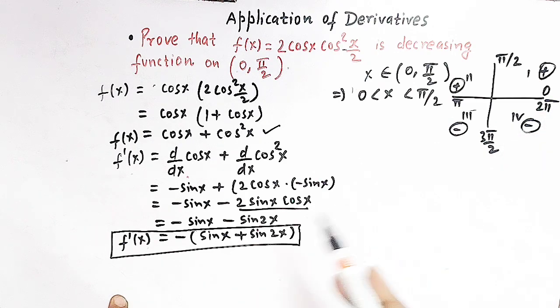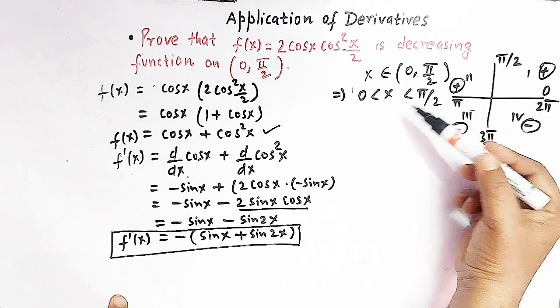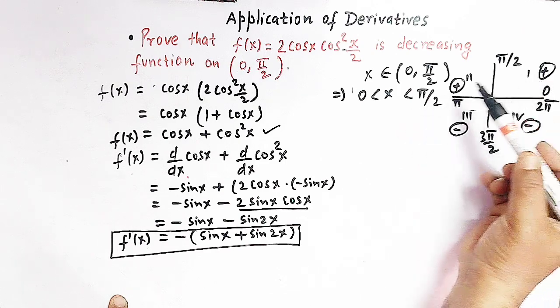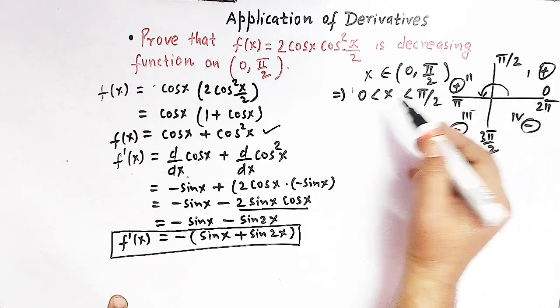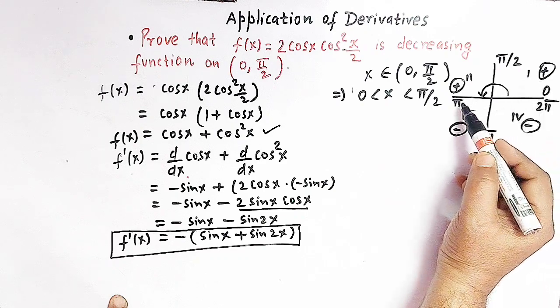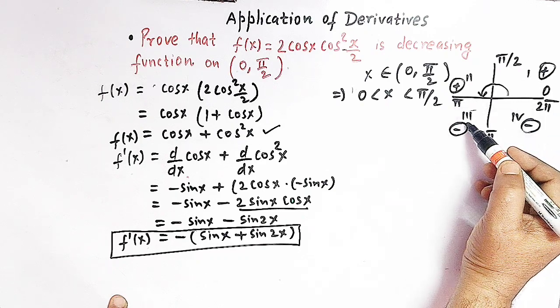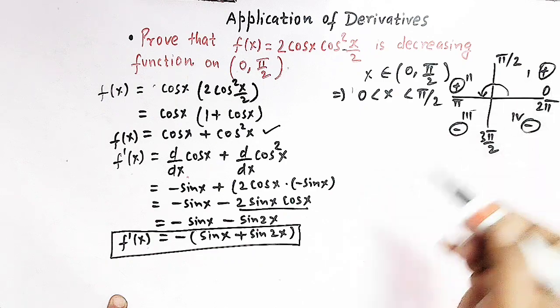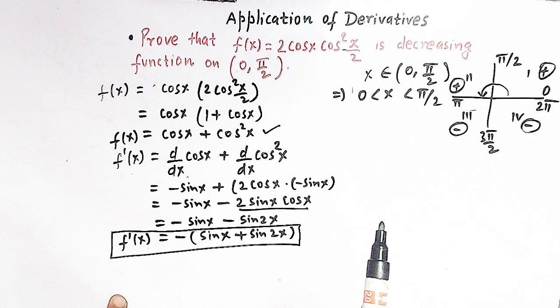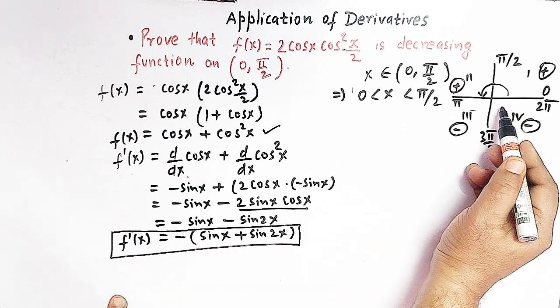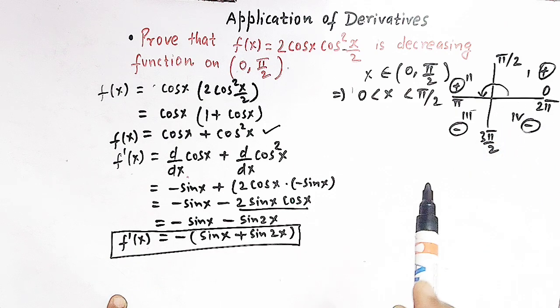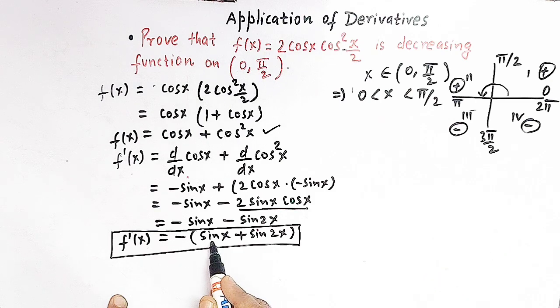So according to the sign convention of trigonometric functions in the four quadrants, the sine function is positive in the first and in the second quadrant, that is from 0 to pi the sine function is positive, and from pi to 2 pi, that is in the third and fourth quadrant, the sine function is negative. So here we are going to decide the sign of f prime of x using the sign convention for the sine function, right? Because here we have the sum of two sine functions.